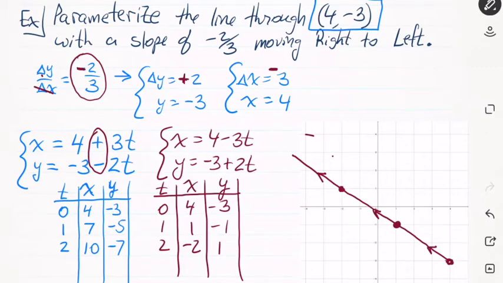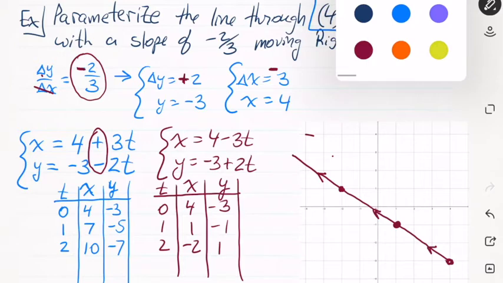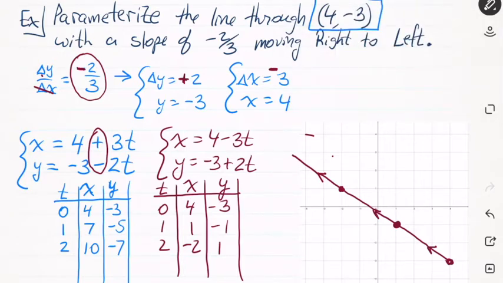And this is the line that goes through 4, negative 3, and it definitely has a slope of negative 2/3. You would have to go to the second point to see the negative 2, and then the right 3, positive 3. So this is the line, it has the correct orientation.